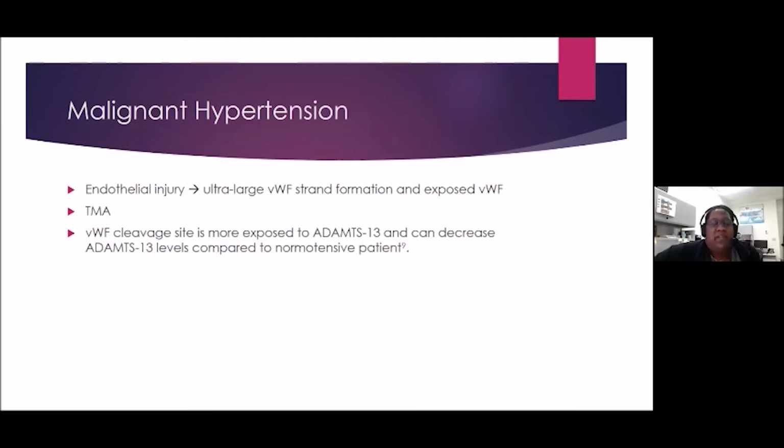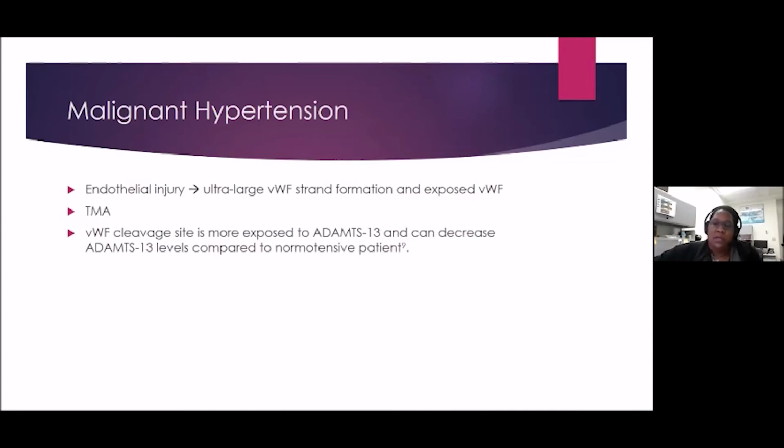There is one caveat though. In these patients, you can see a decreased ADAMTS13. It's usually not less than 10% though, because what happens is, because there's so much shear stress in the vessel, the von Willebrand factor is sort of being held open by the pressure. And this makes its cleavage site very available to ADAMTS13.